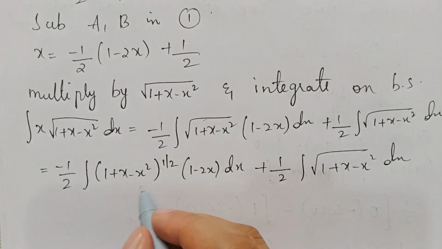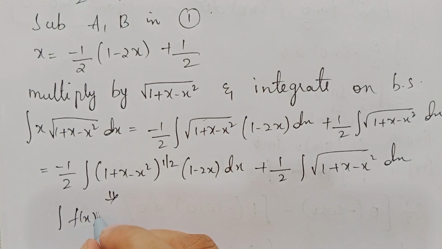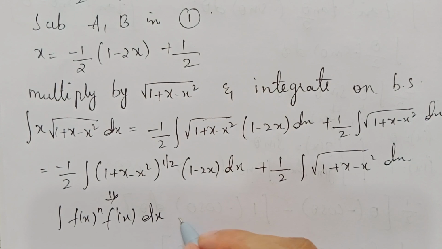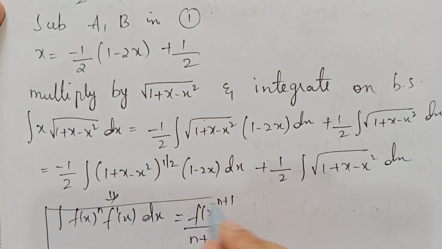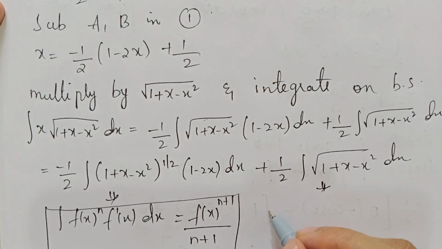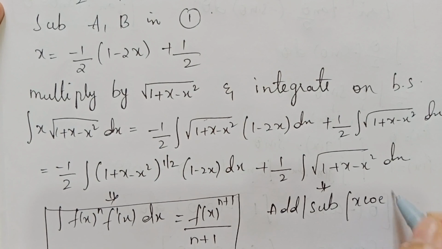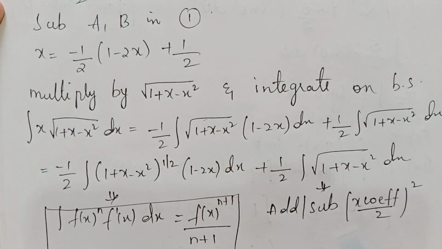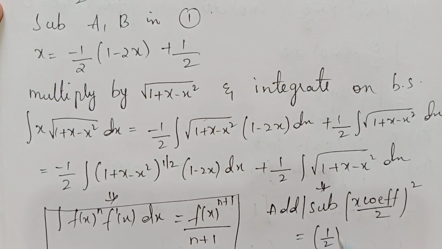Now this is in the form of the formula integral f of x power n into f dash of x dx is equal to f of x power n plus 1 by n plus 1. This formula you need to remember. And for this term you need to add and subtract the x coefficient by 2 square, which, the coefficient of x here is 1, so it is 1 by 2 square.